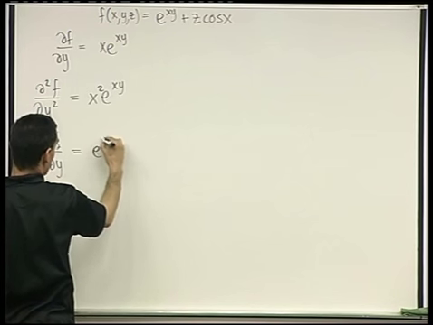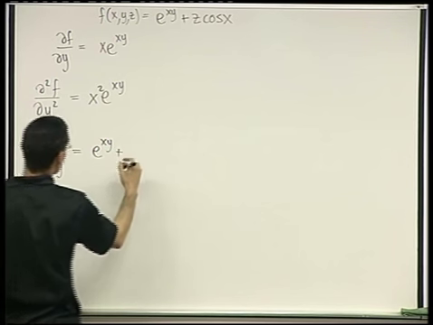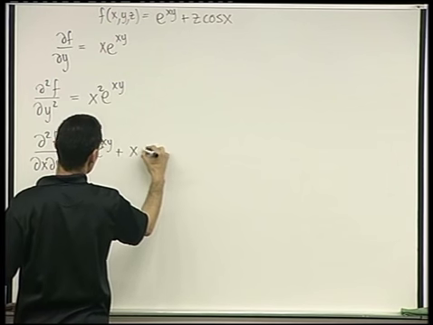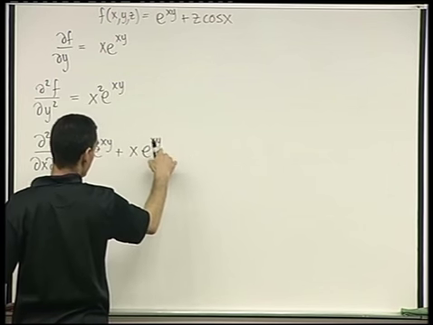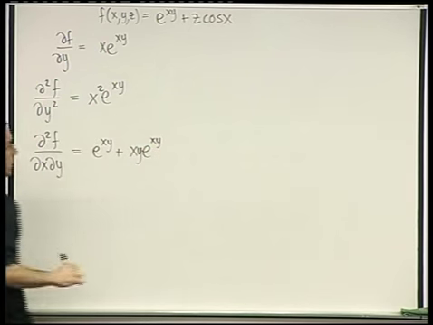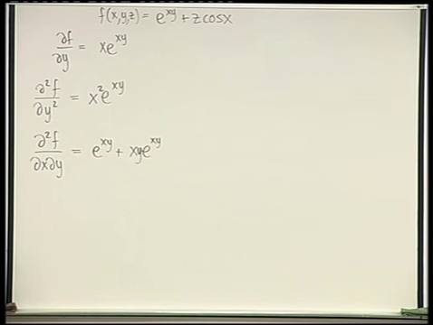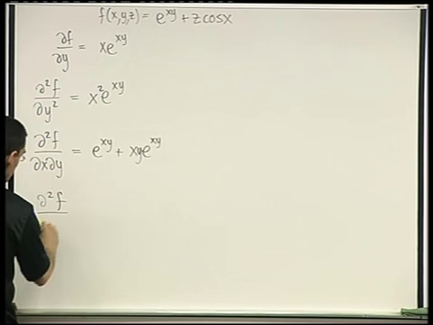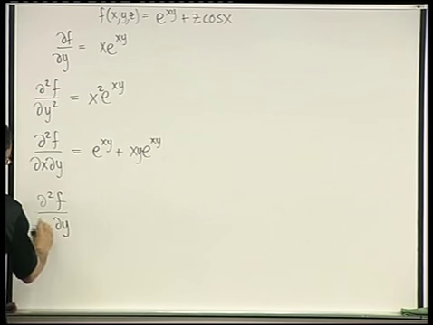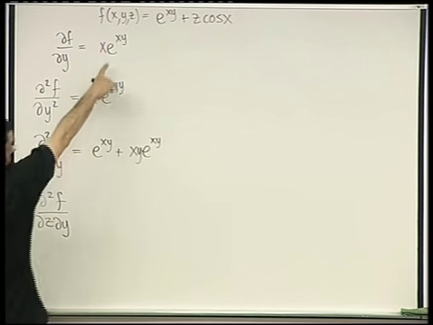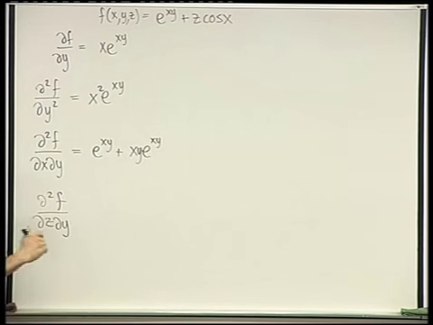So it's e to the xy plus x e to the xy times the inner derivative. So there's a y here. Do you agree? And finally, the derivative of f, now with respect to z, there's no z's here, right? So it's 0.